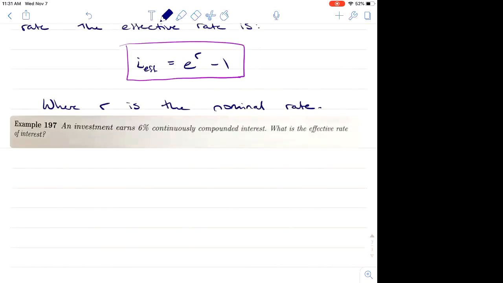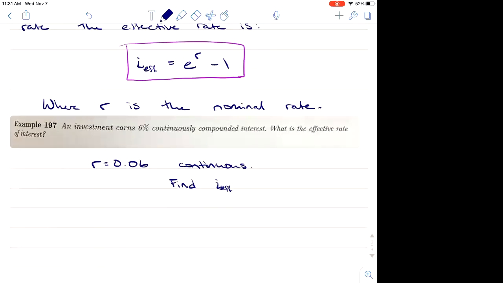An investment earns 6% continuously compounded interest. What is the effective rate of interest? Okay. So we're given that R is 0.06, and I'll just make a note here that it's continuous. And I want to find the effective interest rate.